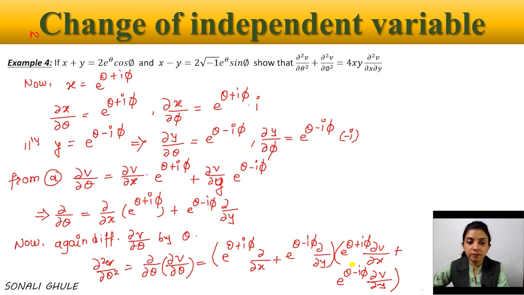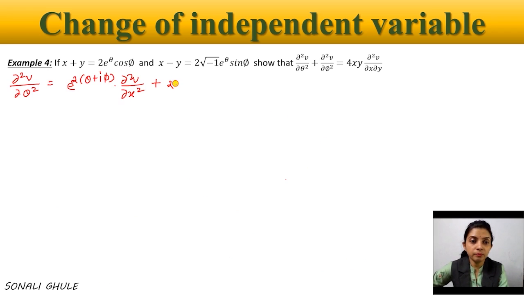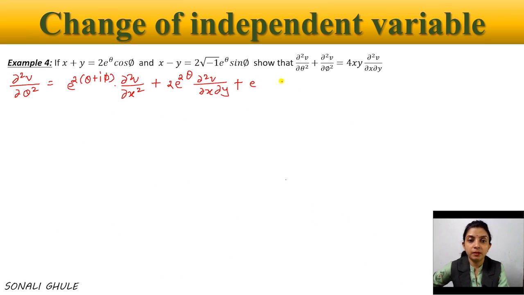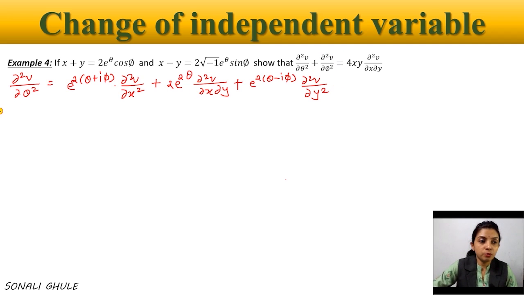So I'll get here 2 e to the power 2 theta dou 2v upon dou x dou y, plus e to the power, now this term, 2 theta minus i phi dou 2v upon dou y square. Okay, that is the value for dou 2v upon dou theta square. Now similarly I have to find dou 2v upon dou phi square. So here from B I can write dou v by dou phi.